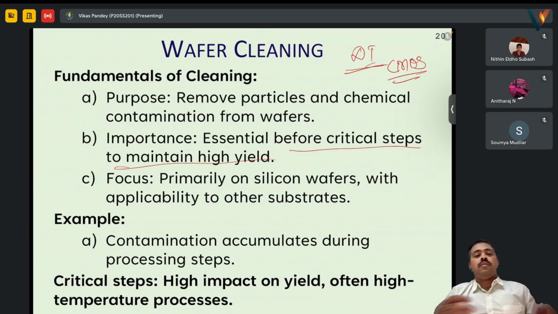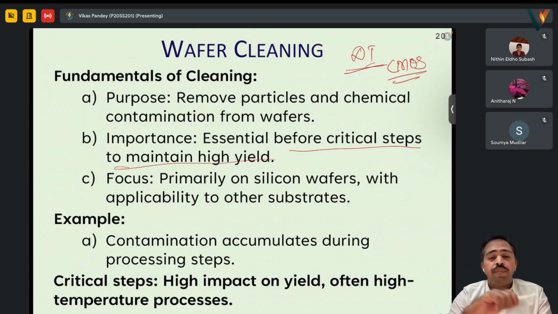Okay, if you don't have a good clean room or you are not doing cleaning properly, the output will suffer. The output percentage will decrease drastically.